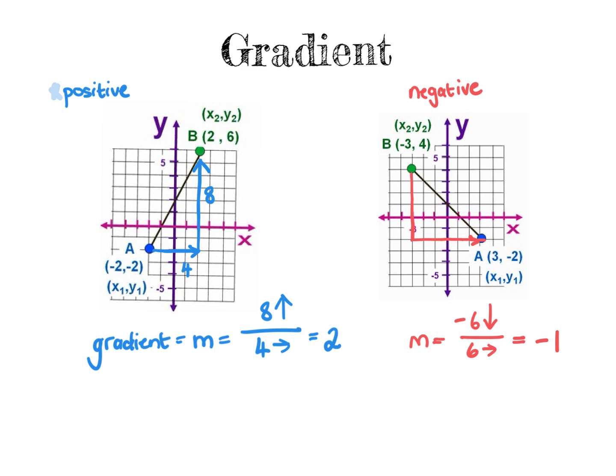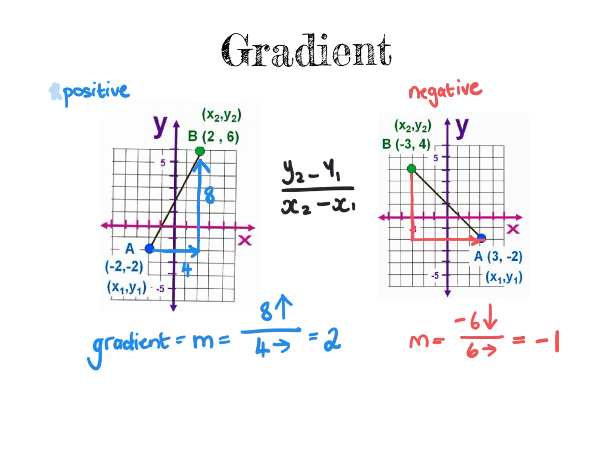I did refer earlier to the y1 and y2, and you might wonder why it's written there. This is to remind you that we have a formula which we can use. So with the formula, I can subtract my two y values and I can subtract my two x values in order to find my gradient. Just be careful when you do this that negative does not confuse you, because we often make mistakes with our negative numbers.